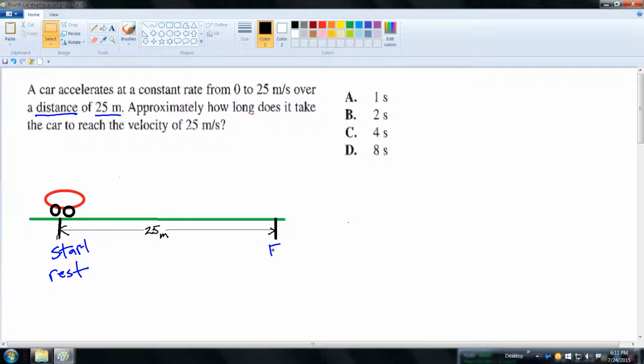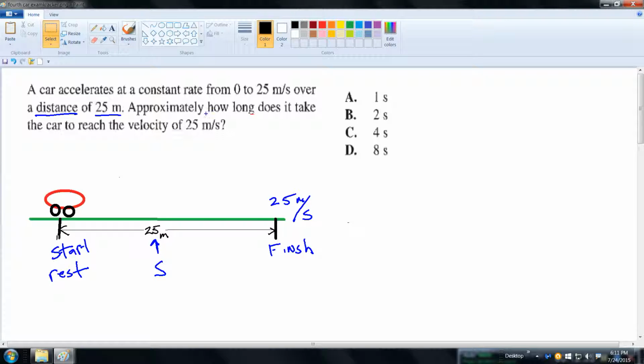So our finish is here. So our initial position and final position is a straight line, and the path, the distance, the actual path, is also a straight line. So this is equal to s, and we know that we've got a 25 meter per second velocity at this finish point.